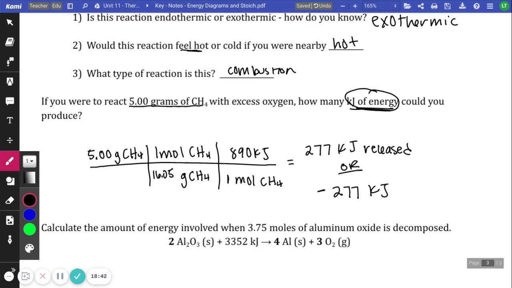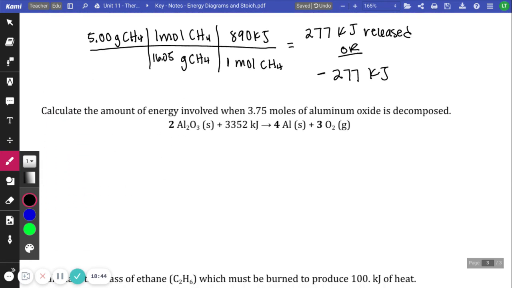Okay, so let's try the next one. So it says, calculate the amount of energy involved when 3.75 moles of aluminum oxide are decomposed. All right, so we're going to take what's given. So we're taking 3.75 moles of aluminum oxide, which is Al2O3.